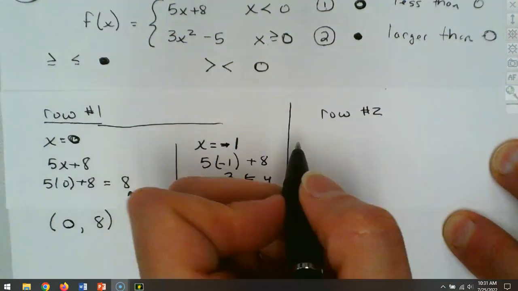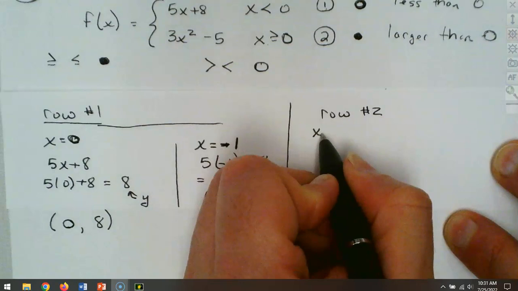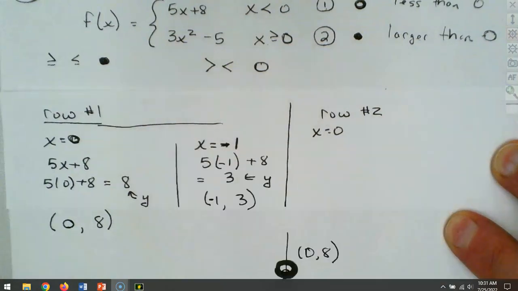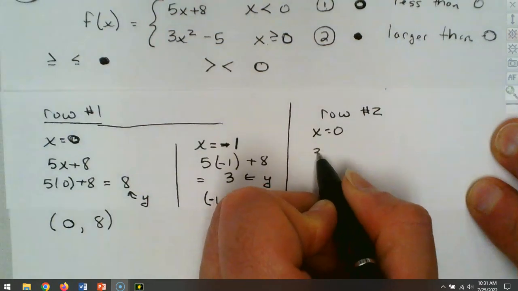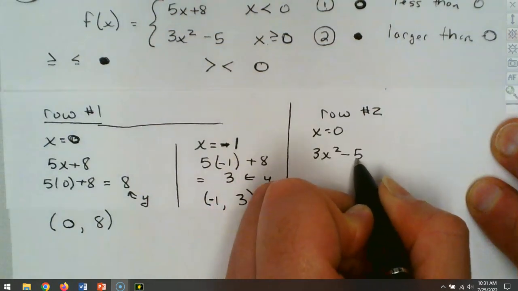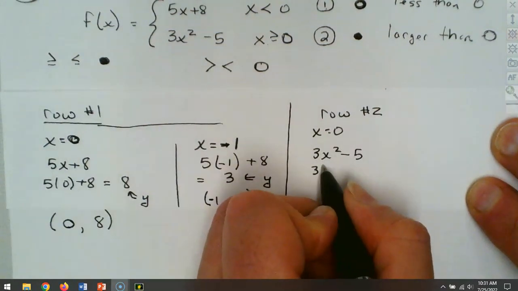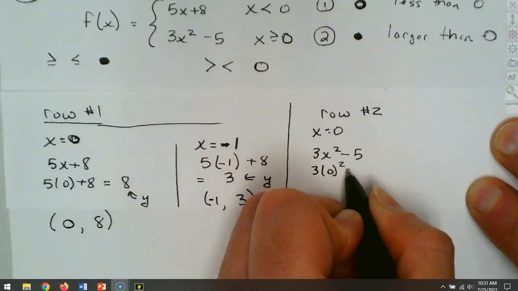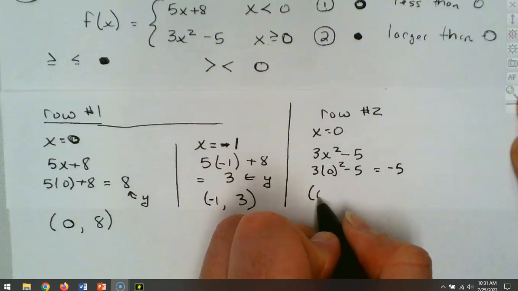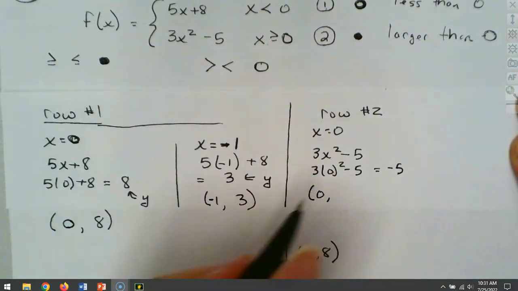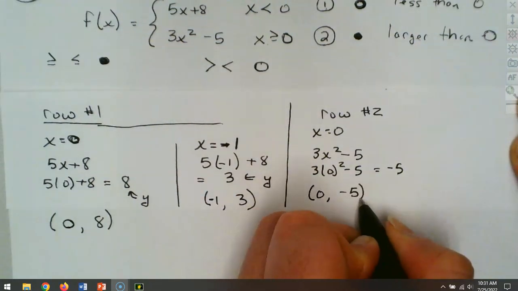And we're going to start by plugging in 0. So we're going to plug in 0 here into our second row. And that's 3x squared minus 5. We're going to plug in our 0. And that gives you then a minus 5. So that's our first ordered pair, which is (0, -5).